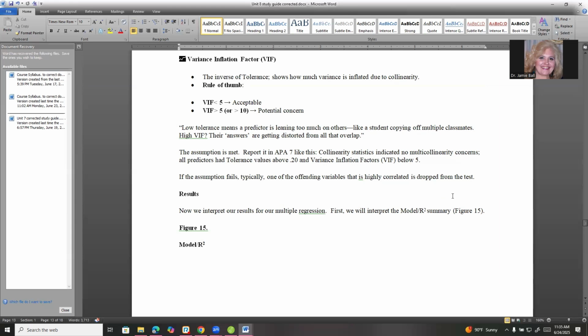This means my answers would start to get distorted. So my assumptions are met, and I'm going to report it like this: Collinearity statistics indicated no multicollinearity concerns. All predictors had tolerance values above 0.2 and variance inflation factors below 5.